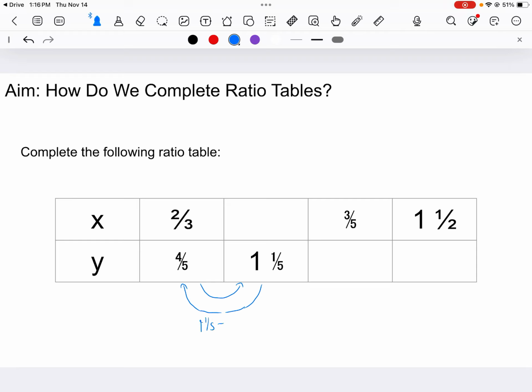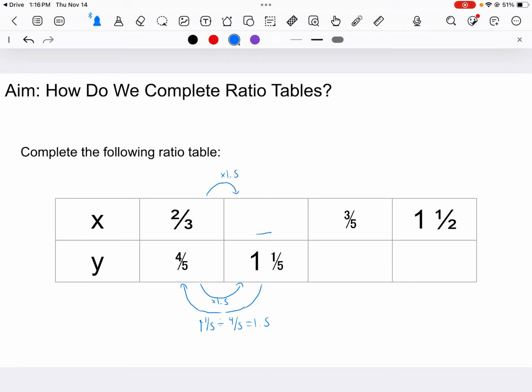So 1 and 1/5 divided by 4/5 is equal to 1.5. So that means I'm multiplying by 1.5. So I'm going to multiply by 1.5 here as well.